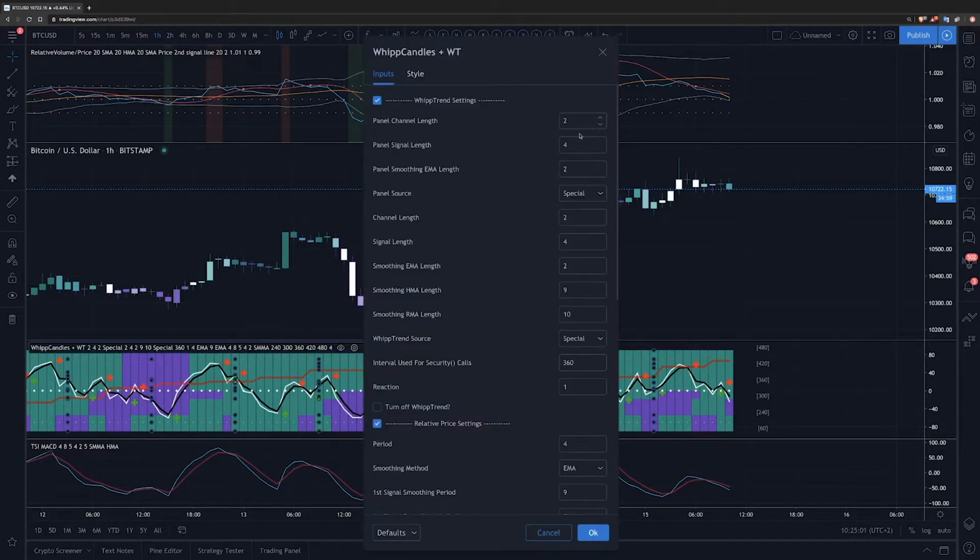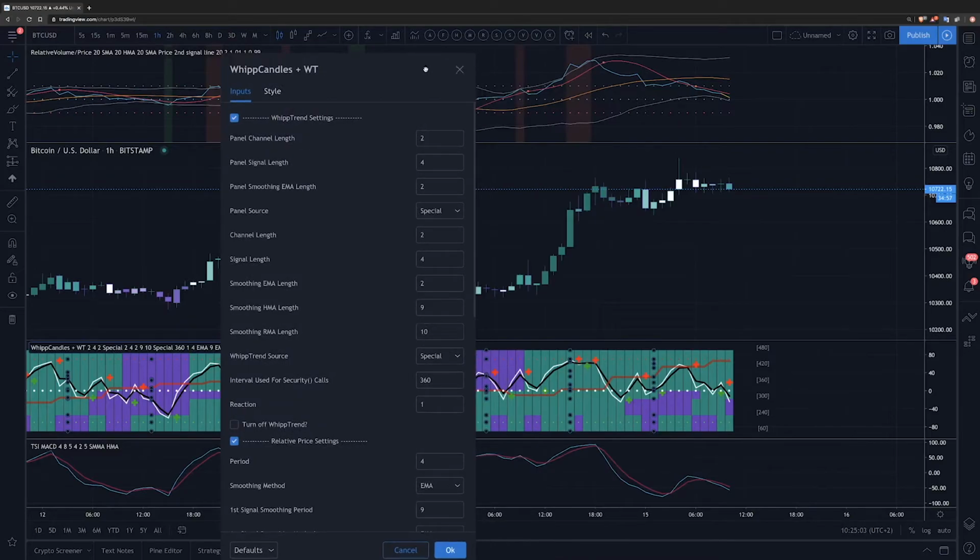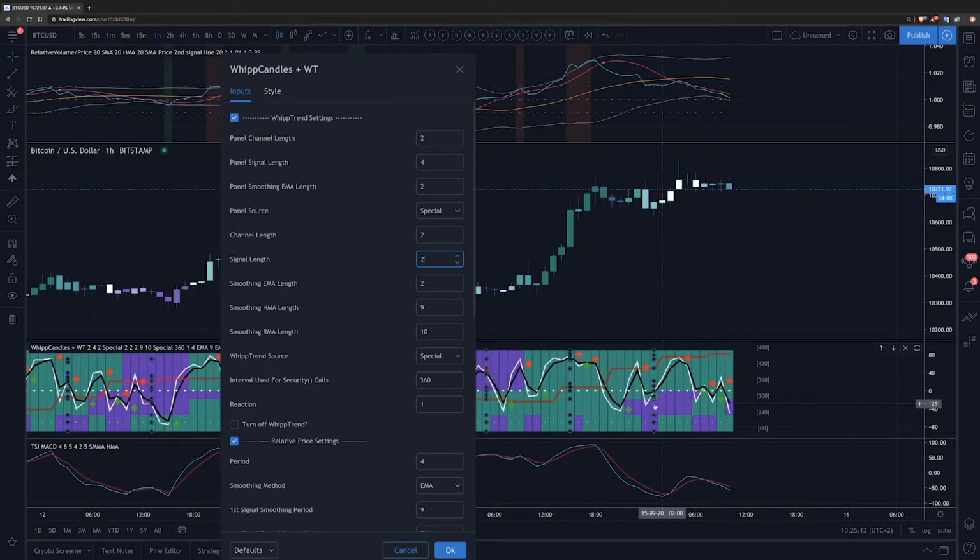So 242 is an aggressive version. If we go for 222, we will see this change a little bit, even more erratic. And this is why sometimes I flip this between 242 and 222. But for the candle colors, we will keep 242 for the moment.